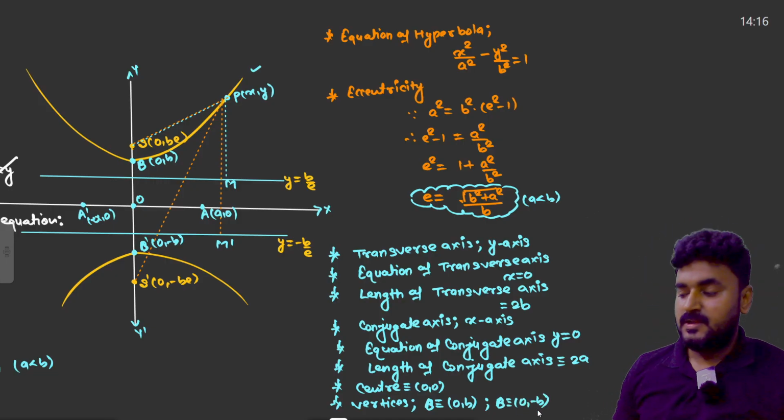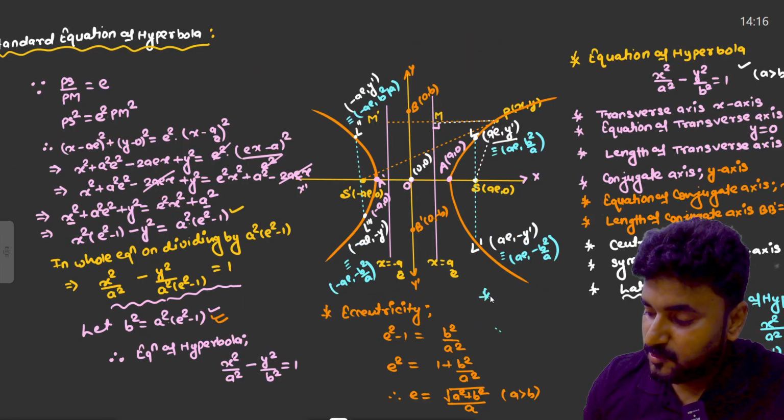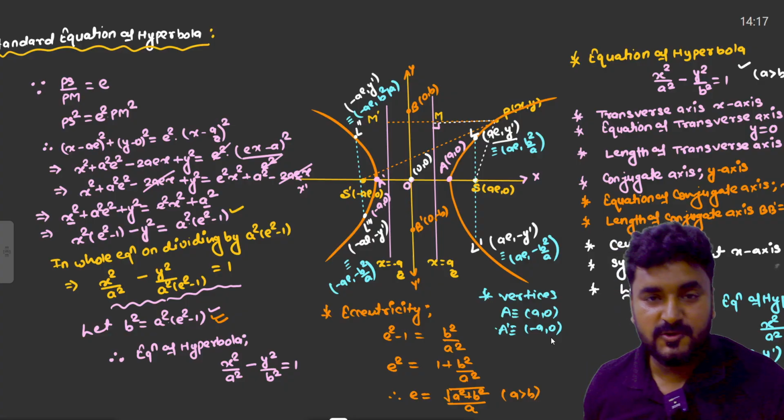Similarly, in the previous hyperbola, the vertices are A at a comma 0 and A dash at minus a comma 0. So I added these 2 points also.